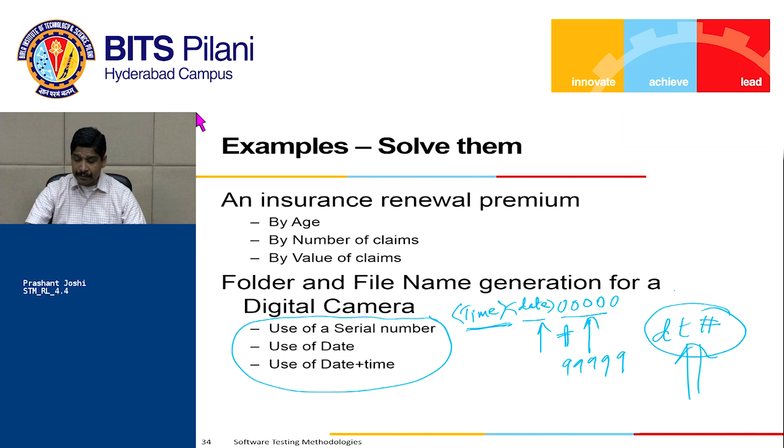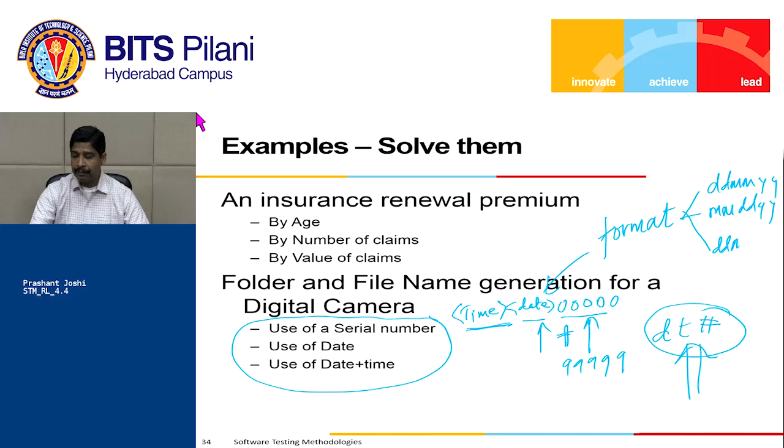When I'm looking at date as an input, then comes in my format of the date. If my allowed formats are DD, MM, YY or MM, DD, YY, or I have DD, MMM, YY, then I have various formats that come into play.